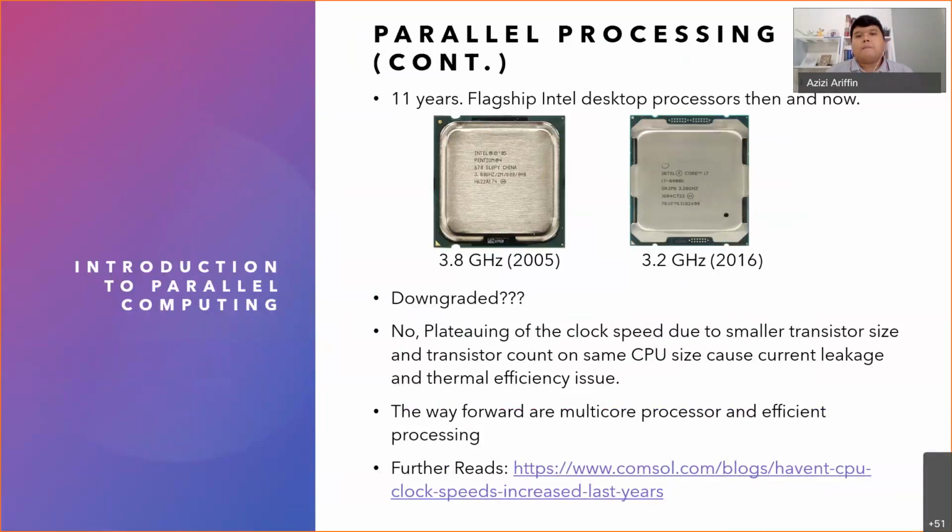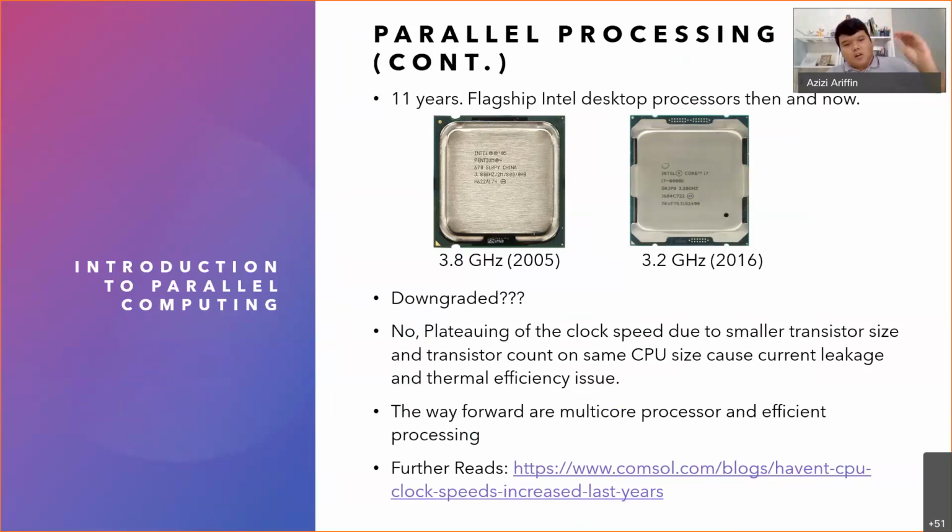Right? So in 11 years, for example, if we take Intel flagship processor, in year 2005, we can see that Pentium 4, time tu Pentium 4 dia adalah single core punya CPU in the same die. So mungkin time tu dia menggunakan, I don't know, dalam dia punya MOSFET punya teknologi tu, maksudnya cara dia cram in transistor dalam CPU, mungkin dia menggunakan, I don't know, 12 nanometer or something.